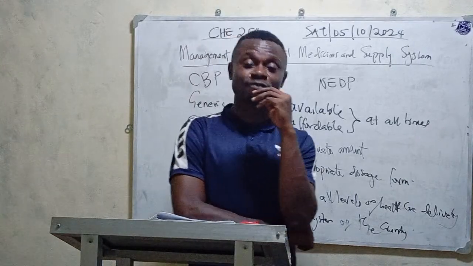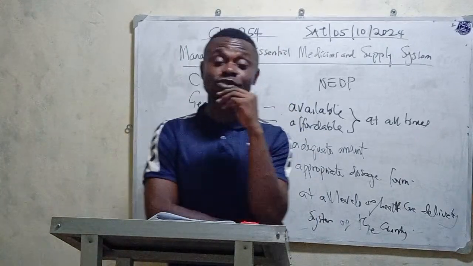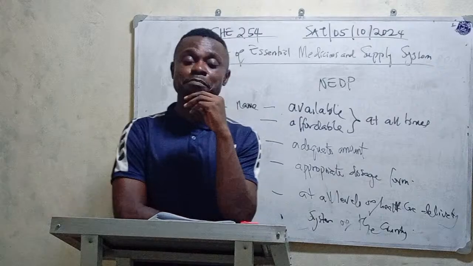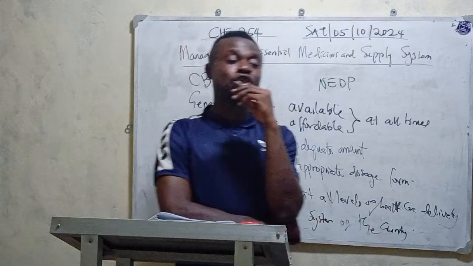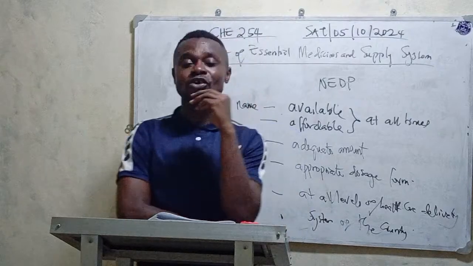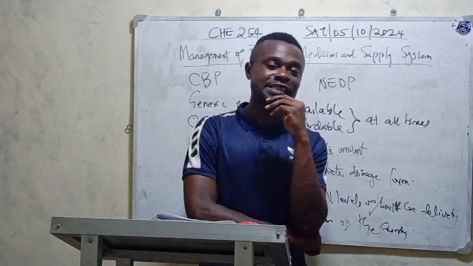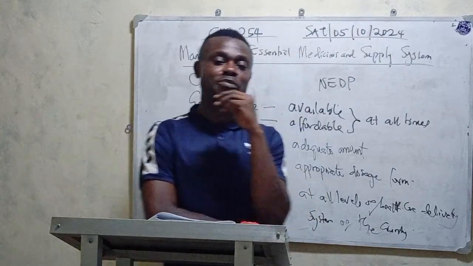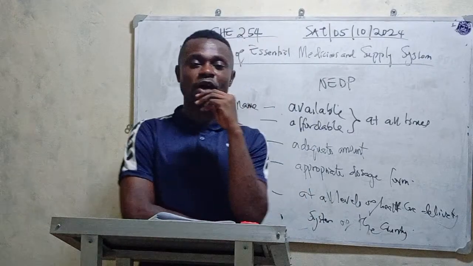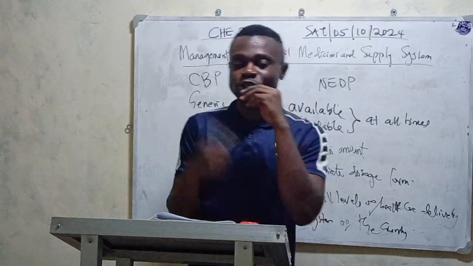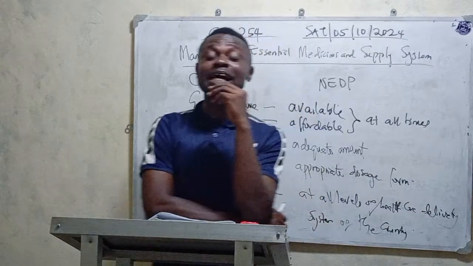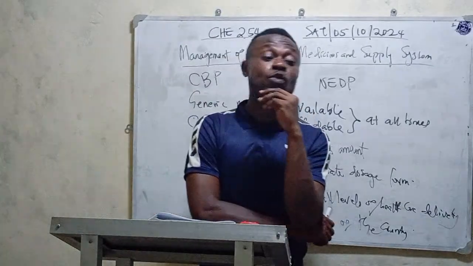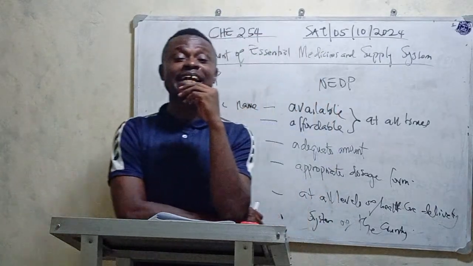That means they would have carried out research to know the drug needs of the people in question before bringing those drugs. You don't just go and bring in any drug you like, maybe because the person is your brother or your father or your husband or your relative, and you want to patronize them. You purchase the drug without even knowing whether it is needed. They will remain there and expire.